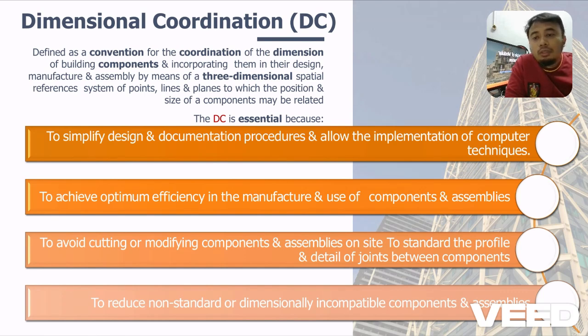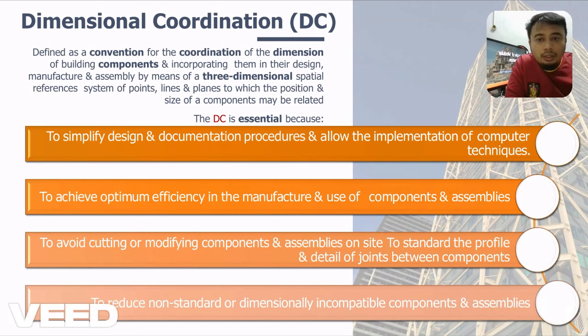There is a coordination of dimension of the components, incorporating them in their design, manufacture, and assembly by means of a three-dimensional spatial reference system of points. This coordination of dimension is accepted by the manufacturer and also the assembler in assembling the components.